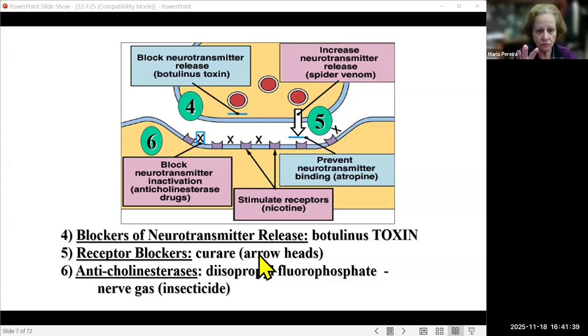So after all, what you're trying to do is alter the opening and closing of the voltage gated ion channels. And then you have inhibitors of the enzymes that metabolize the neurotransmitters, so the anti-cholinesterase inhibitors.